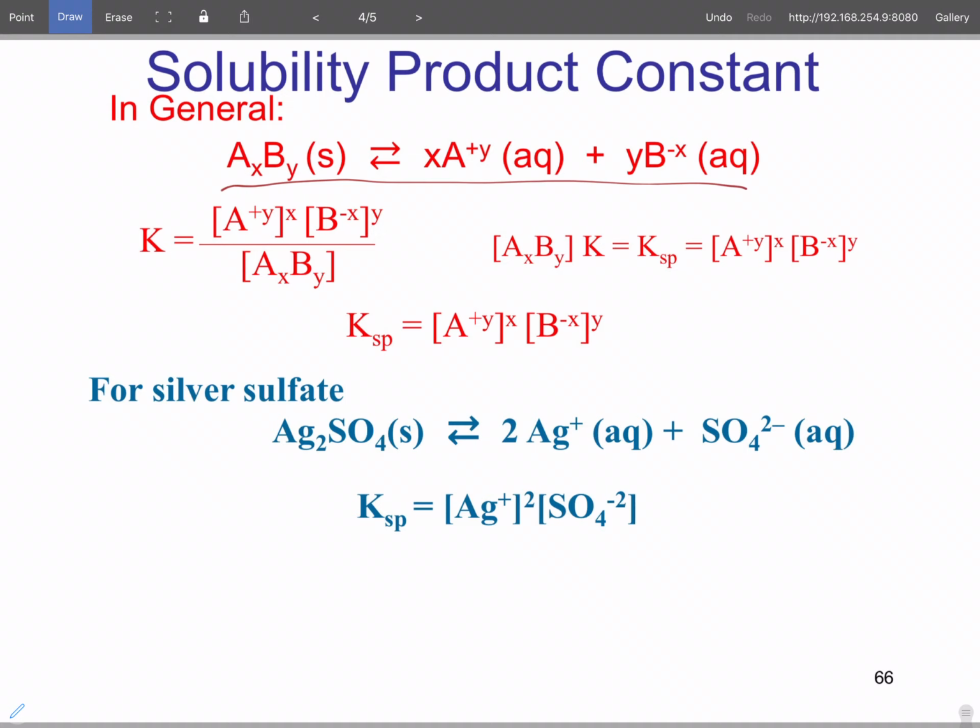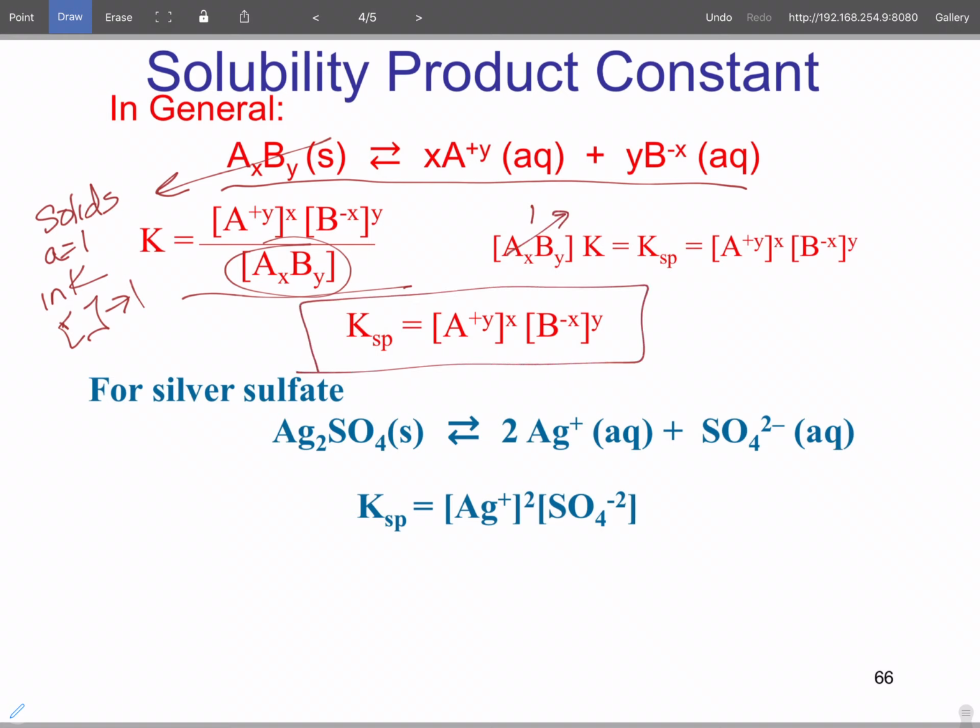Now, if you'll remember, the rule of thumb is pure substances, in this case solids, have an activity equal to 1. Therefore, in the K, the value goes to 1. So if you'll notice, we start with our K here. This is a solid, basically, so it's 1. So when it drops out, here's your Ksp expression. This is the generic.